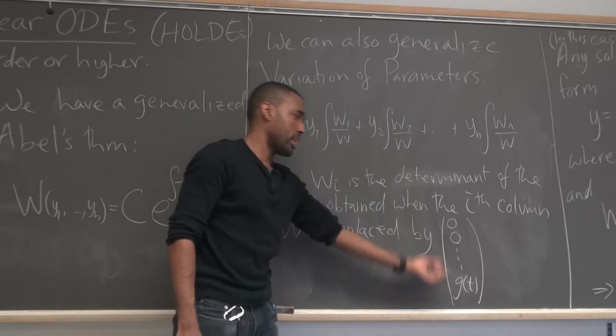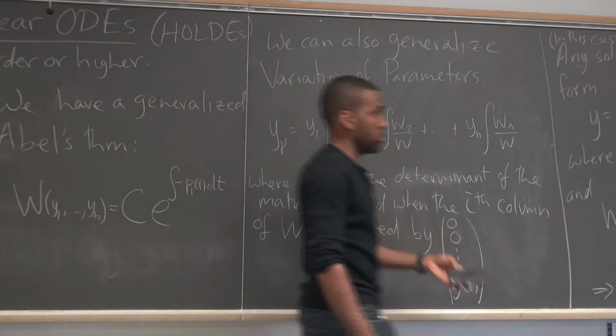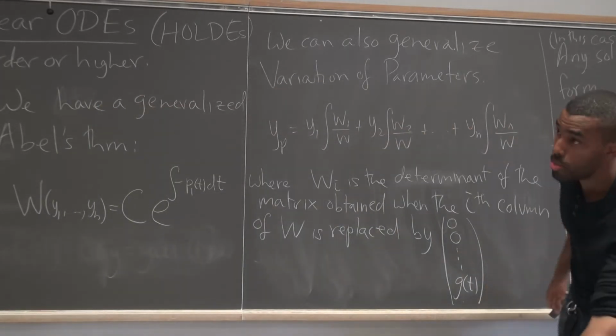For y2, replace the second column with that. For y3, replace the third column with that, etc. And you find the determinant of that. You do this division, you plug into the formula, and it will give you the particular solution.